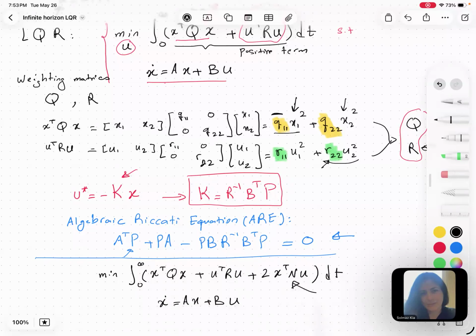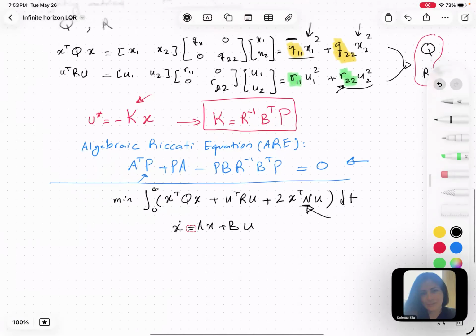So this N matrix in many scenarios is equal to 0, but there could be problems where we want to penalize the cross-relation between the states and the controllers. And for that, we can use this N matrix. So if you end up using this more general case, which is sometimes not actually that common, the equations change slightly.